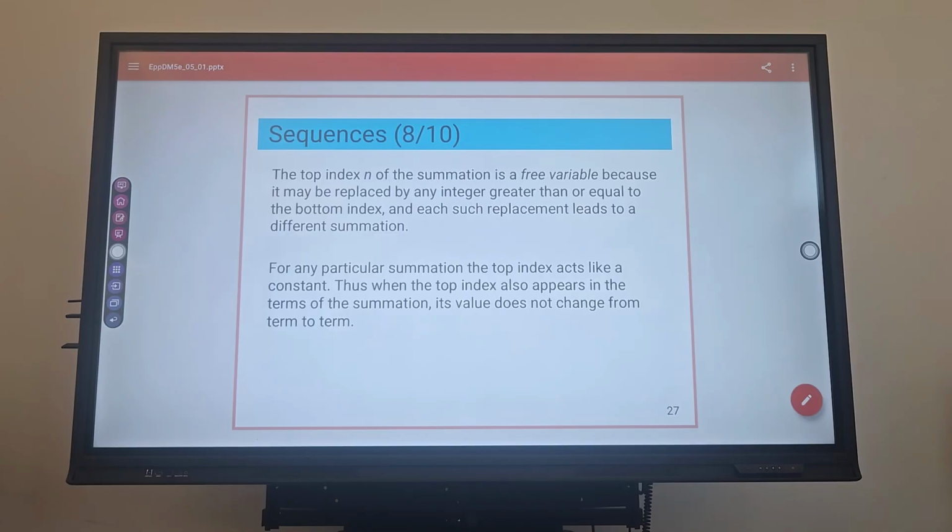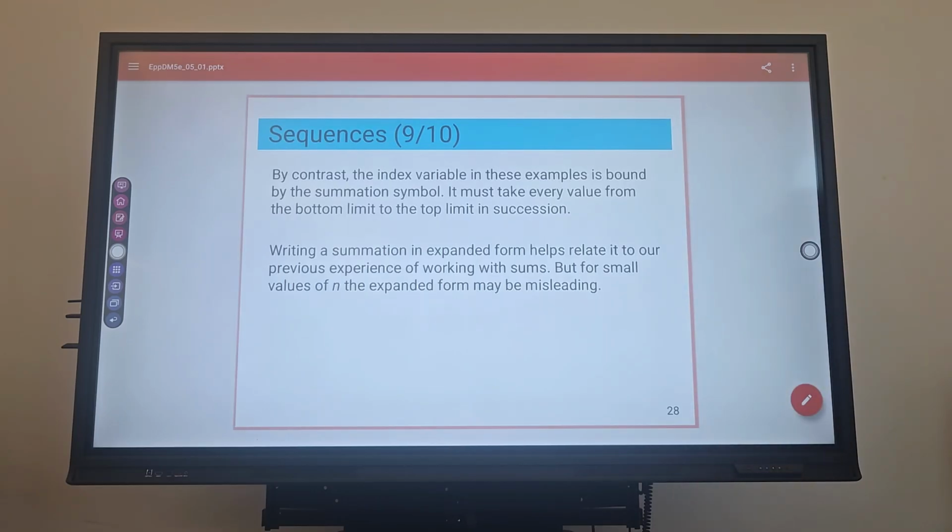For any particular summation, the top index acts as a constant. Thus, when the top index also appears in the terms of the summation, its value does not change from term to term. By contrast, the index variable in these examples is bound by the summation symbol. It must take every value from the bottom limit to the top limit in succession.